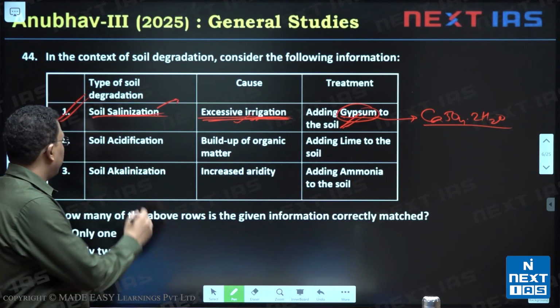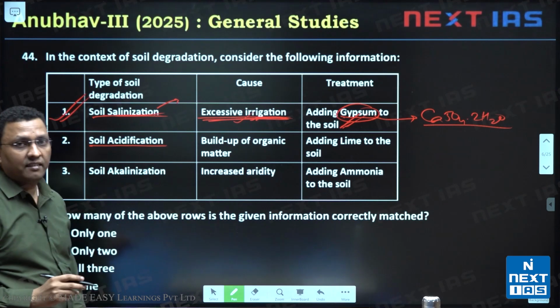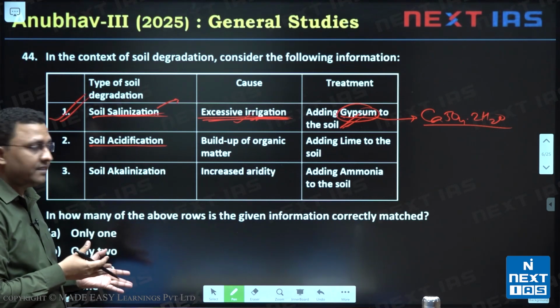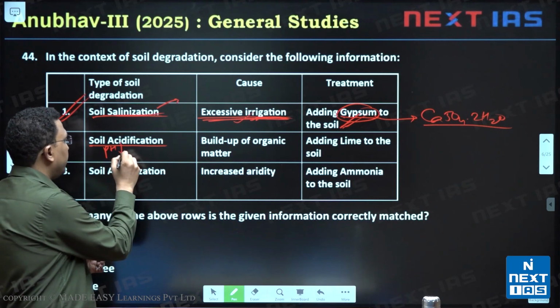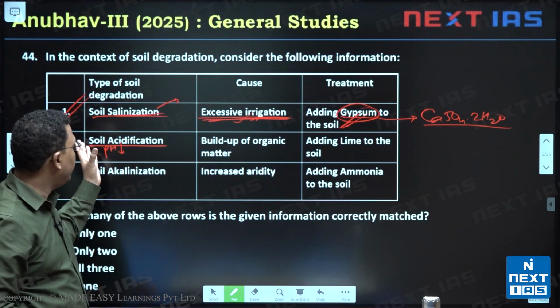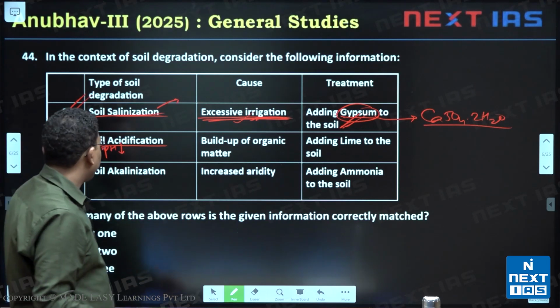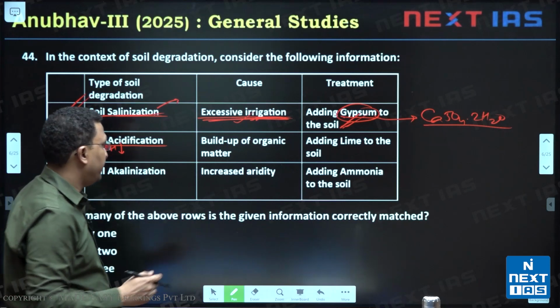Now let's see the second row, soil acidification. Soil acidification is basically the accumulation of acid in the soil, so the pH of the soil decreases because of an increased concentration of acidic material in the soil. There are two prominent causes of soil acidification.